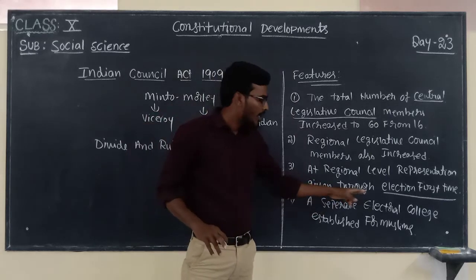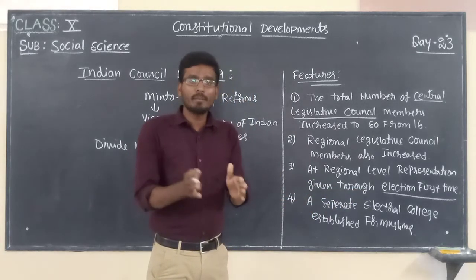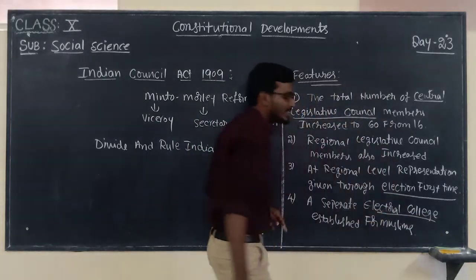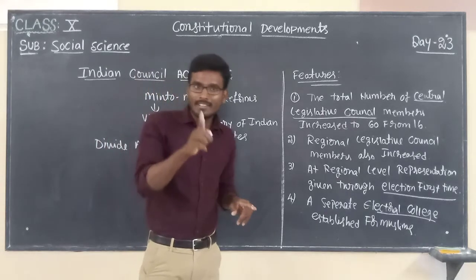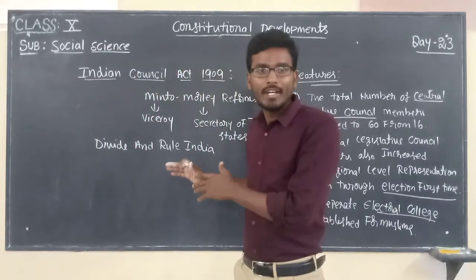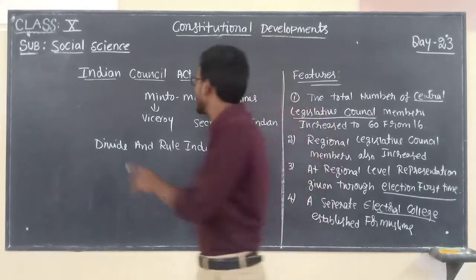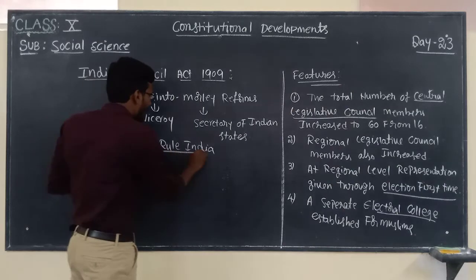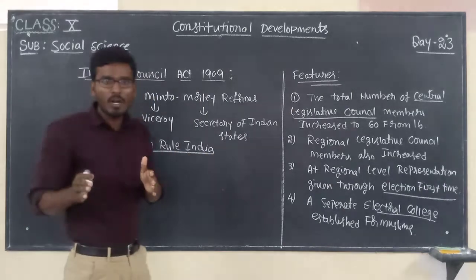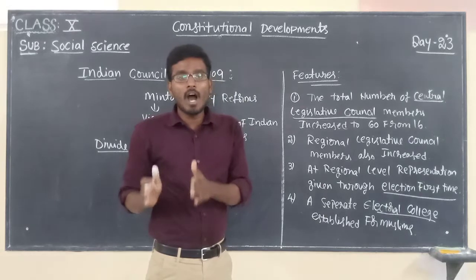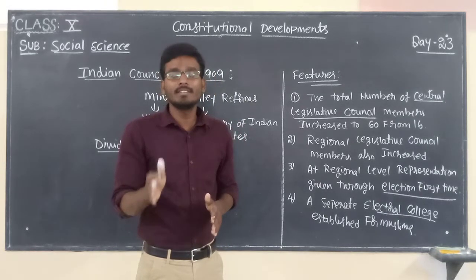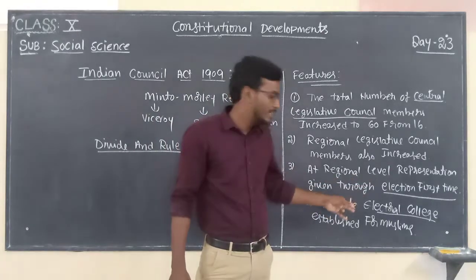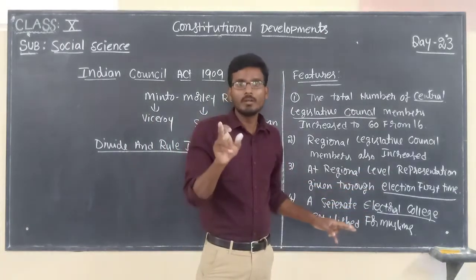A separate electoral college. So in order to give special representation to whom? Muslims, a separate electoral college that was started only for Muslims. That is the reason why. Before discussing the features of this act, I told you the major aim of the Indian Council Act 1909 is nothing but to divide and rule India. So the British wanted to divide the integrity of both Muslims as well as Hindus. That is the reason why a separate electoral college was started only for Muslims.